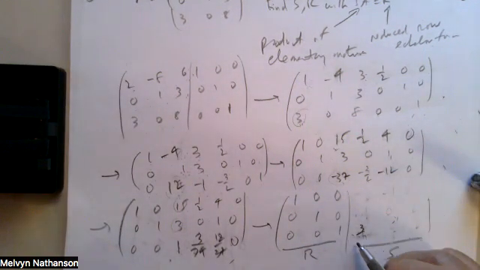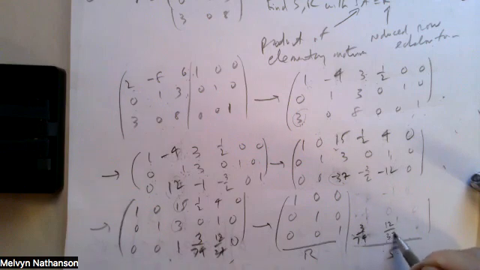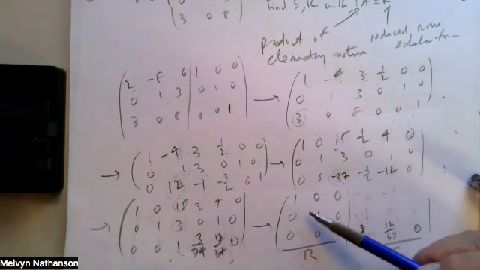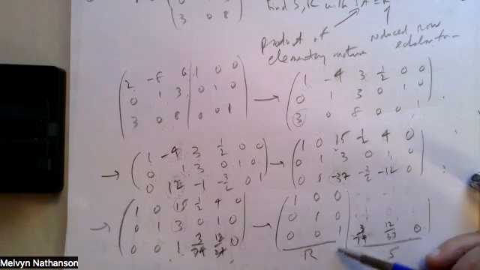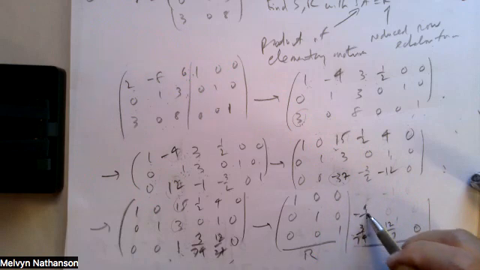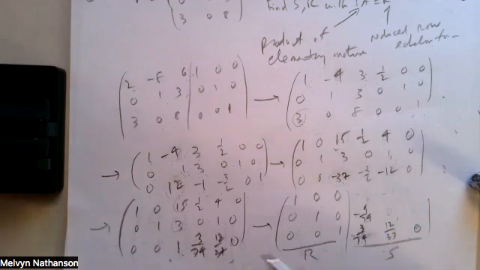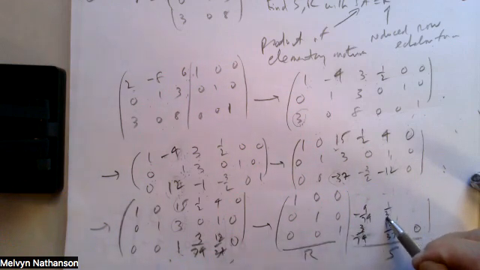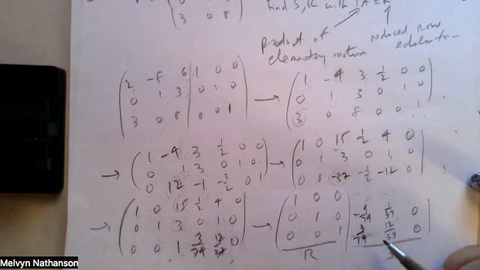So copy my stuff down correctly. 3 over 74, 12 over 37, 0. Okay. Second row minus 3 times the third: 0, 1, 0. Minus 9 over 74. 1 minus 36 over 37 is 1 over 37 and 0.